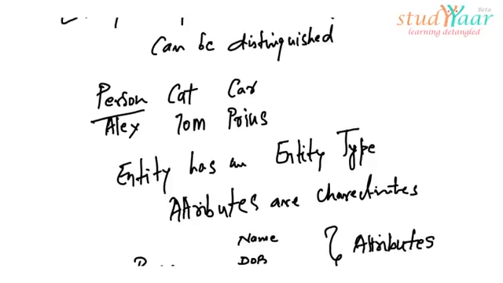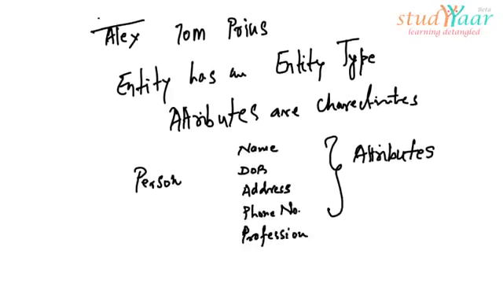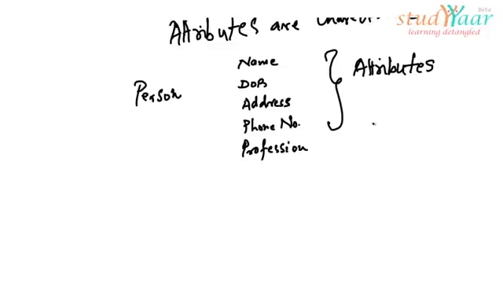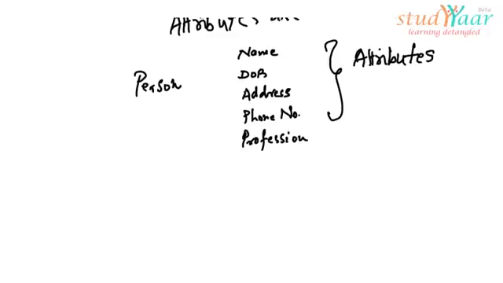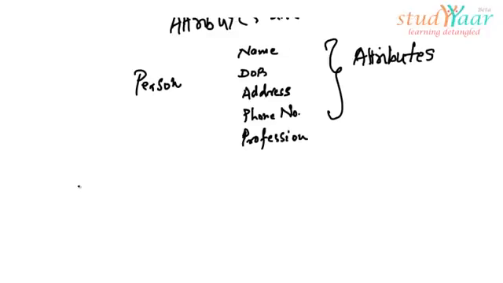So let's see how we represent an entity and its attributes on an entity relationship model. An entity is represented as an oval. Oops, my bad.